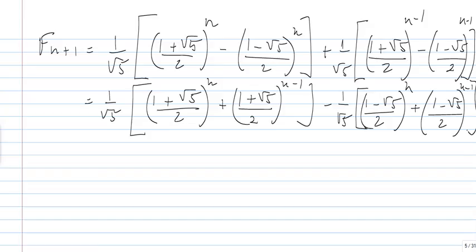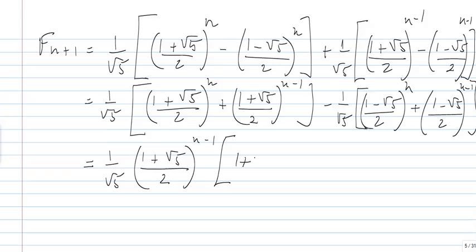So this gives me 1 over square root of 5, and then we factor out (1 plus square root of 5 over 2) to the power n minus 1, and then we get 1 plus square root of 5 over 2 plus 1.